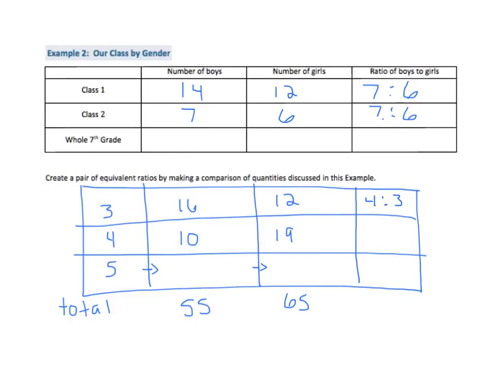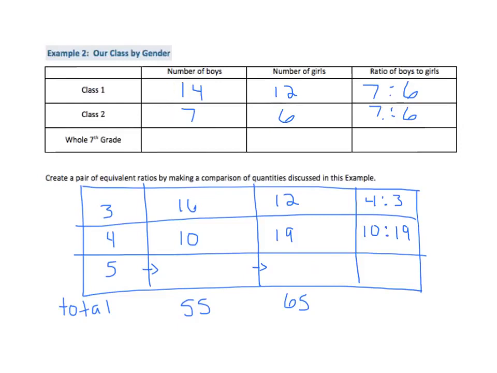We get to class 4, though, and it's reversed, and we can't simplify. So 10 is to 19. So for every 10 boys, there are 19 girls, which evens out the other class, where there are more boys than girls. So, did you challenge yourself and find these numbers right here?